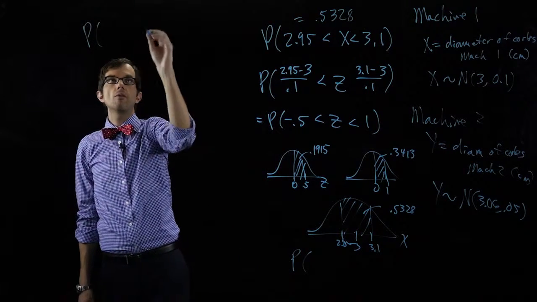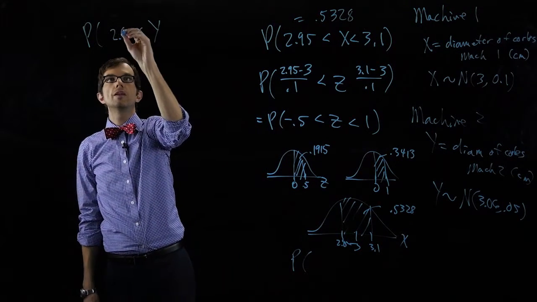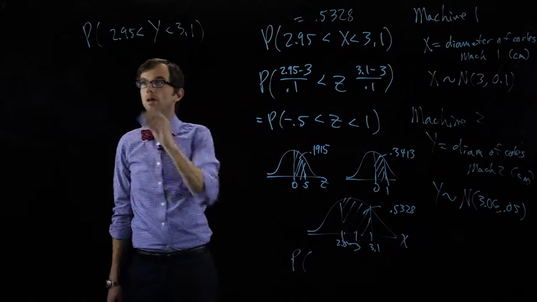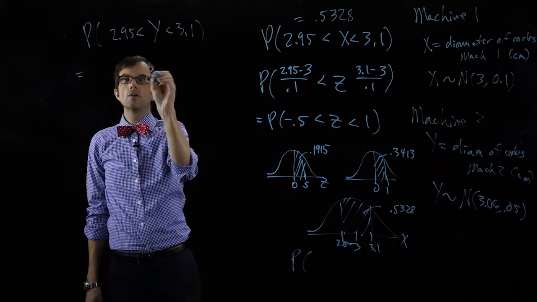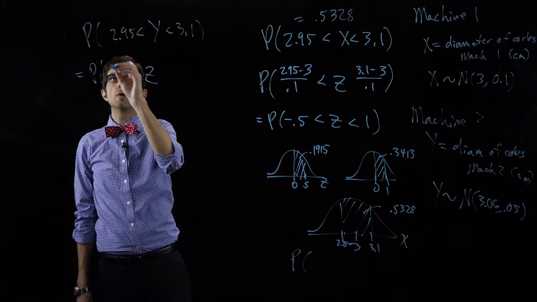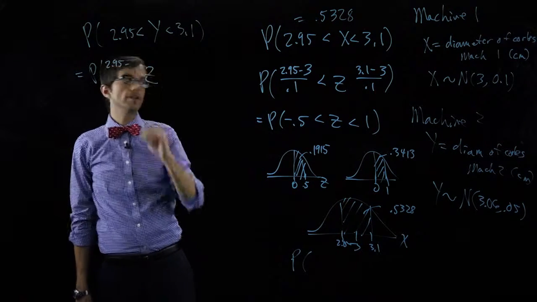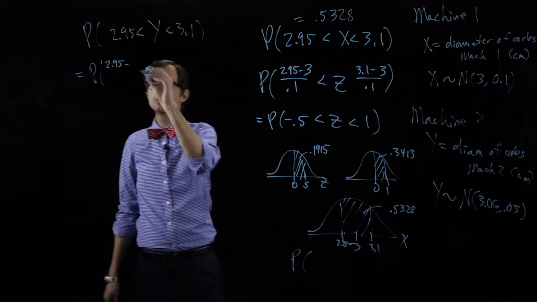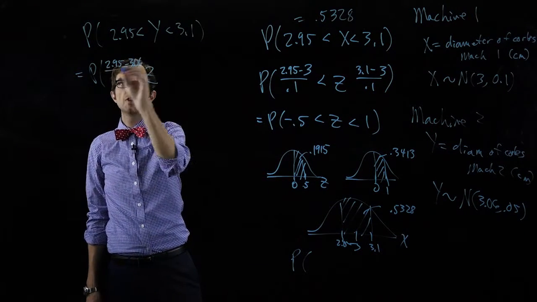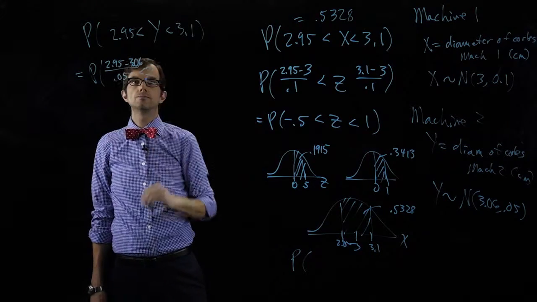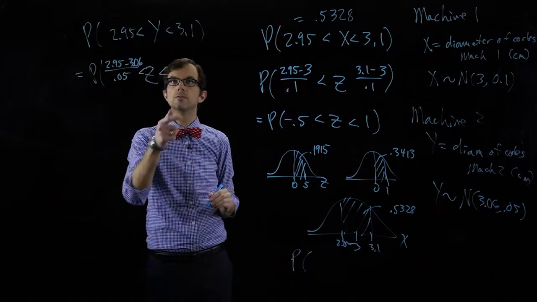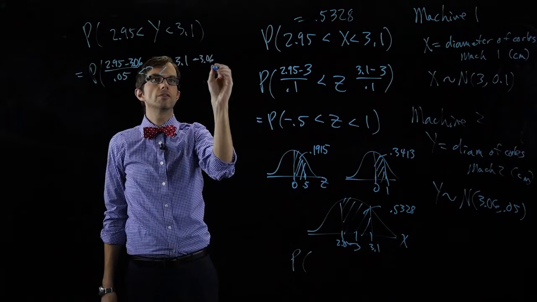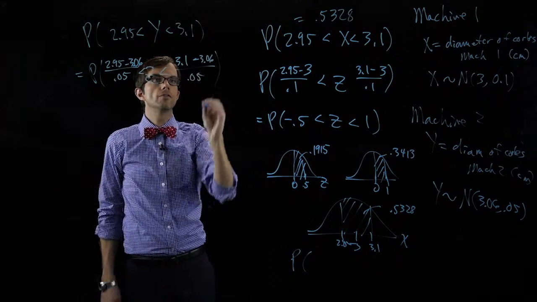Okay, let's do the same calculation for machine 2. What's the probability that y lies between 2.95 and 3.1? That's equal to the probability that z is between 2.95 minus the mean, which is 3.06, divided by 0.05, and on the upper side, 3.1 minus 3.06 divided by 0.05.